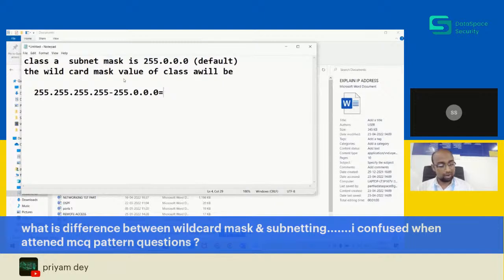So the value will be 0.255.255.255. The wildcard mask value is 0.255.255.255 for the Class A default subnet mask.